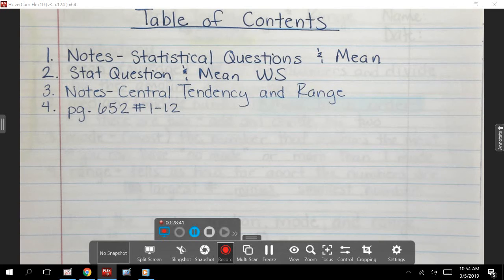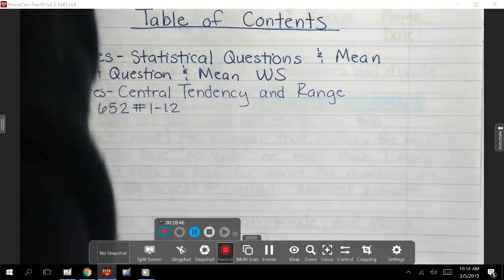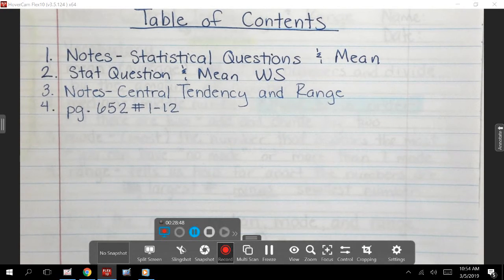All right, table of contents. Raise your hand if you're still doing your table of contents. All right, guys, we need to do this quickly. If we're up here and we don't have a table of contents, everyone's waiting.